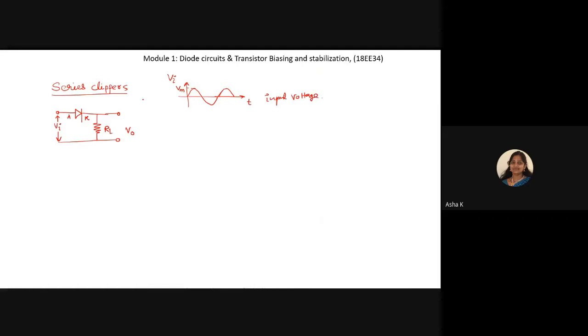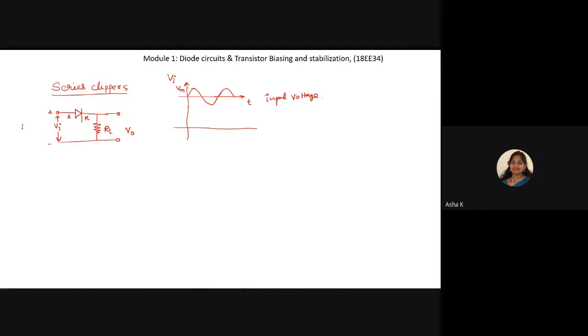Say to this diode, let's observe the input voltage from 0 to Vm. I am assuming an ideal diode, which should start conducting whenever Vf is 0. As the input is positive, the anode will have a higher potential compared to the cathode, because this is positive and this is negative.